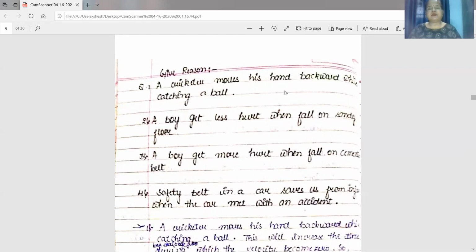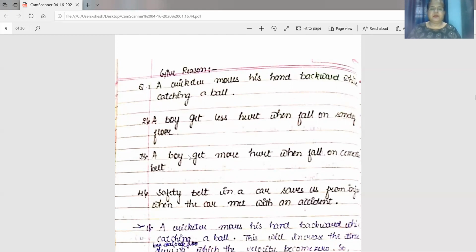A cricketer moves his hand backward while catching a ball. This is a common observation you have also experienced. If you want to catch a cricket ball, you will move your hand backward. Now, what is the reason behind it? Second one, a boy gets less hurt when he falls on the sandy floor, but he gets more hurt when he falls on the cemented floor.